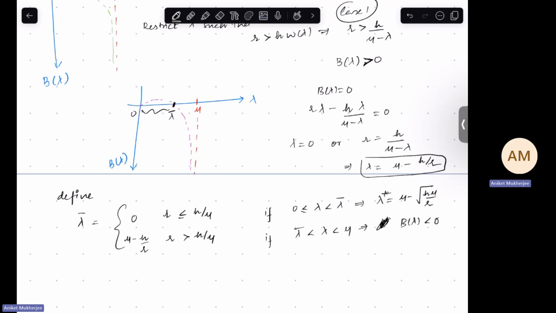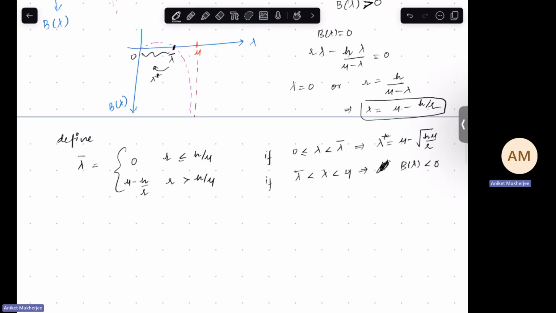So what this means is lambda star would always lie somewhere before lambda bar, right? If lambda bar equals 0, then there is no interval, so lambda star would also be equal to 0. But if lambda bar is not equal to 0, then you have an interval in which beta lambda is positive. And if beta lambda is positive, then lambda star would always be strictly less than lambda bar.